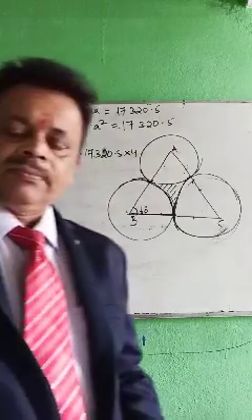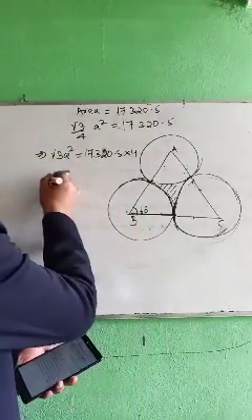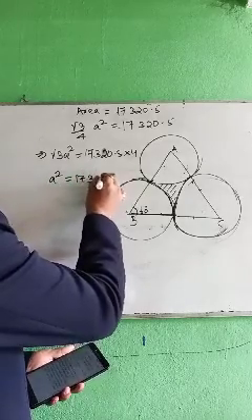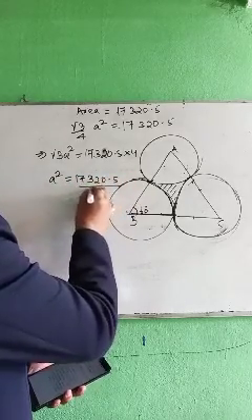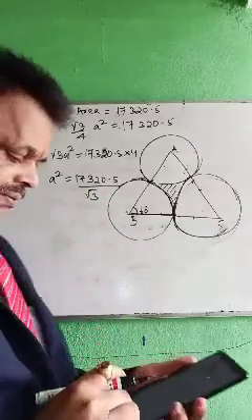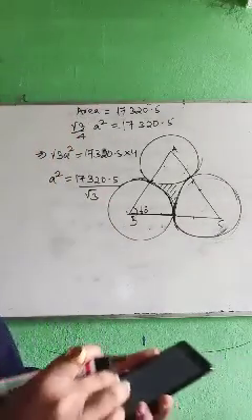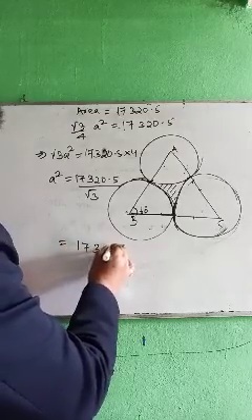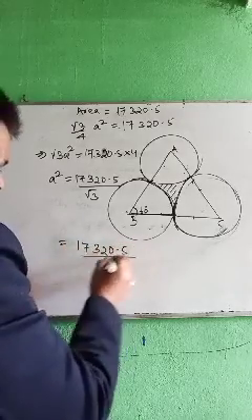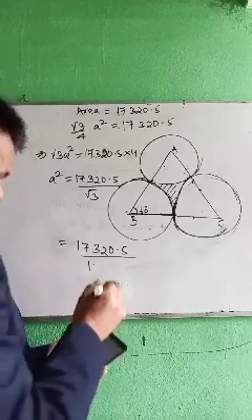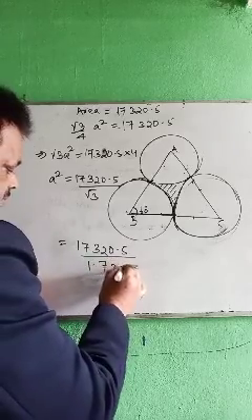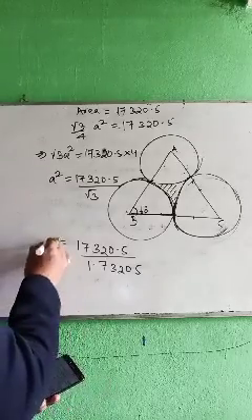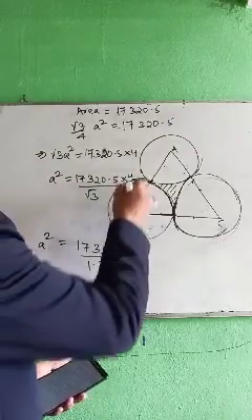Okay, then a square equals to 17320.5 divided by root 3. What is root 3 value? 1.73205. This is a square into 4 into 4.